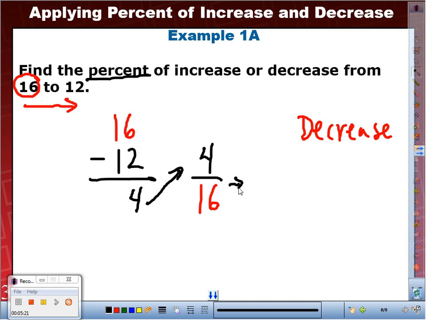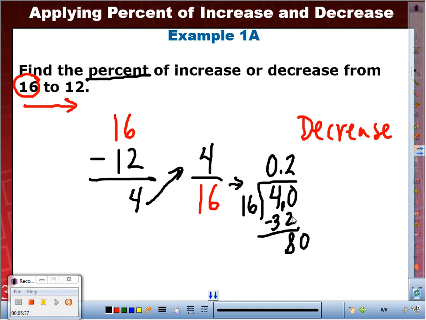So therefore this becomes 4 divided by 16. Are we there so far? So let's see. Does 4 fit in there? No. Does 16 fit in there? Yes, twice. That's 32. Subtract, that's 8. Does 16 fit in there? 5 times, 80. 0. Okay, so therefore now we have a decimal.